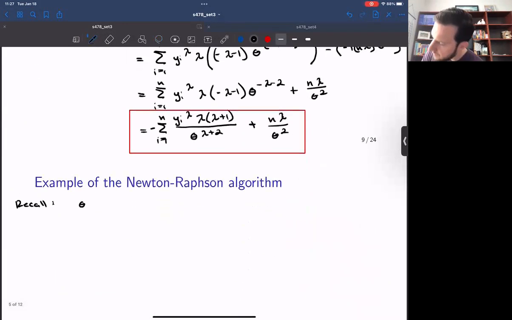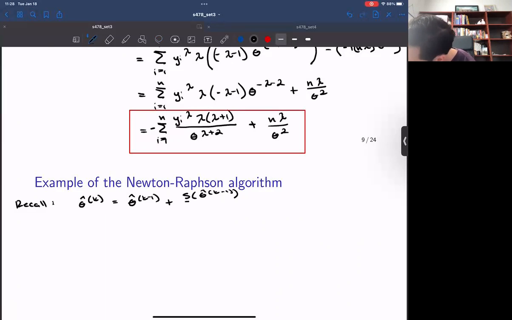All right, so the second function says take the value of theta at iteration k-1 and add the score function over the information function.